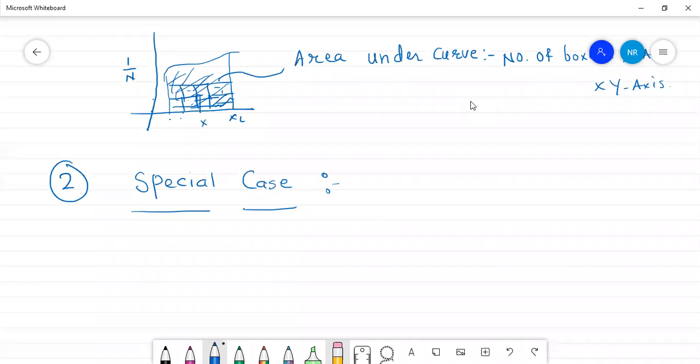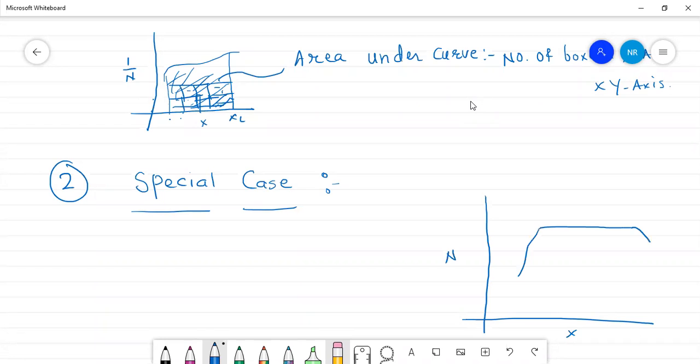So now for the special case, what do we have to do here? We have a special case where the graph is linear in nature.